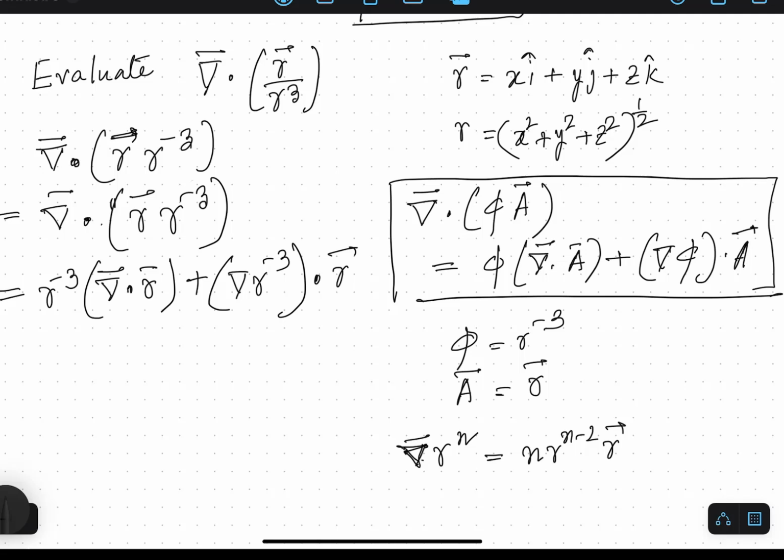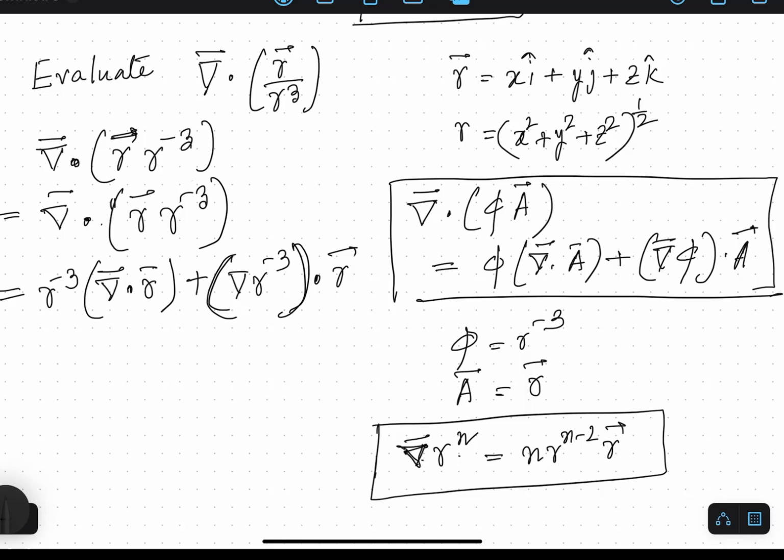Grad of r to the power of n, which is a scalar quantity, is an important identity, giving n r to the power of n minus 2 multiplied by vector r. So I have in the second bracket grad of r to the power of minus 3.